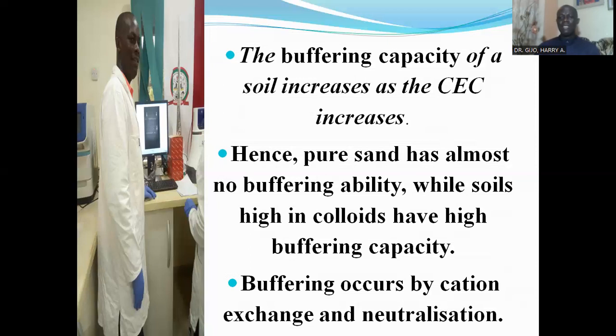So sandy soils tend to have no buffering capacity, but clay soils, which are high in colloids, tend to have high buffering capacity. Buffering occurs by cation exchange and neutralization.